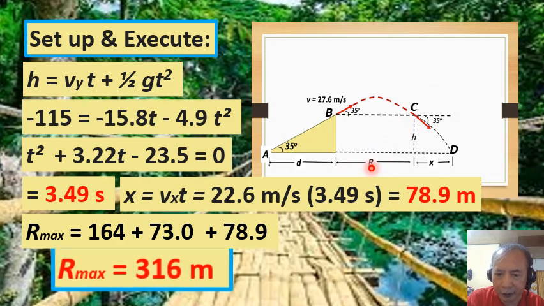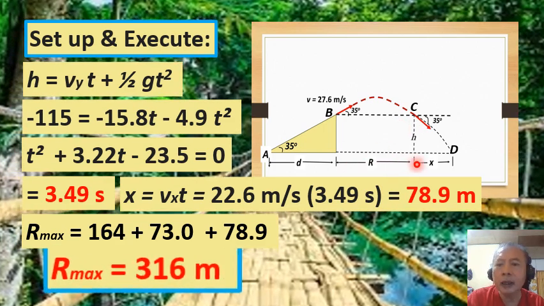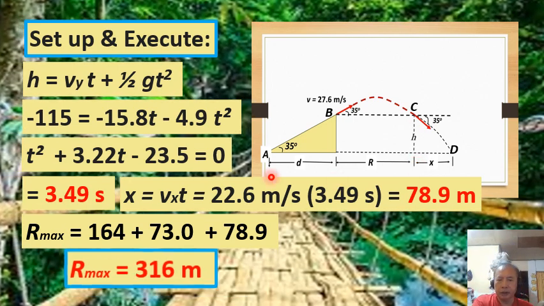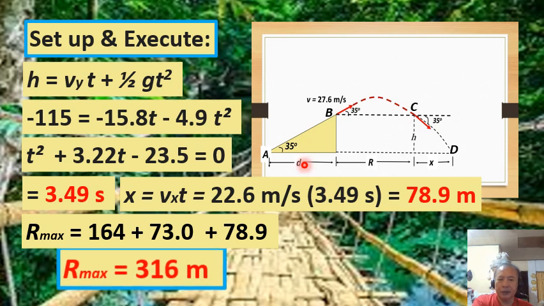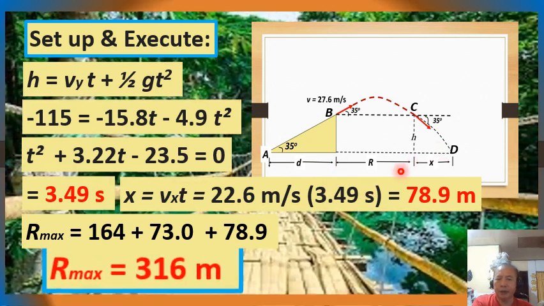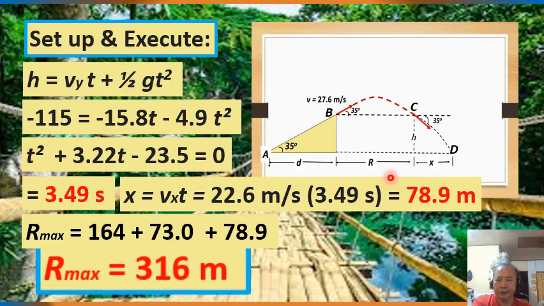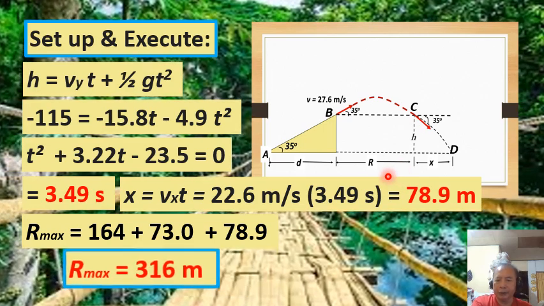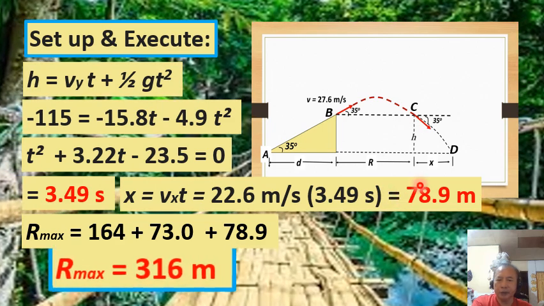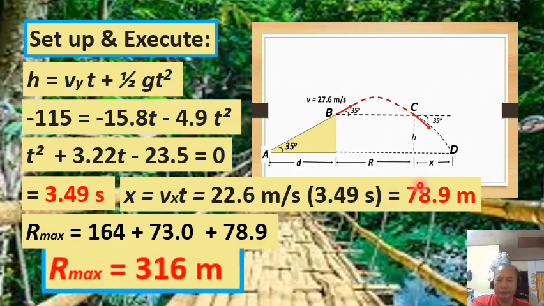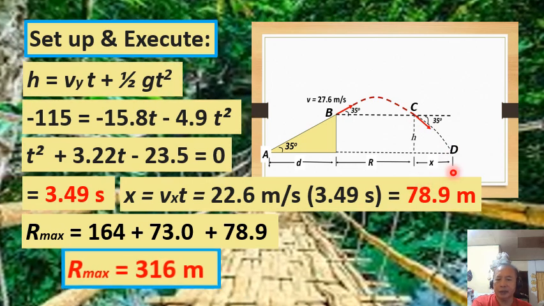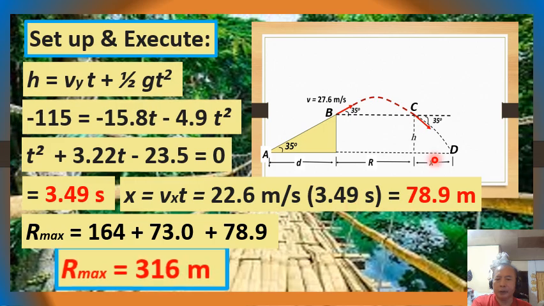Our diagram here is not quite accurate because it appears that the value of big R is only 73.0 meters, while the value of x is 78.9 meters.